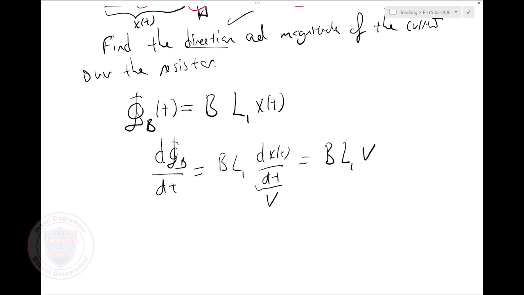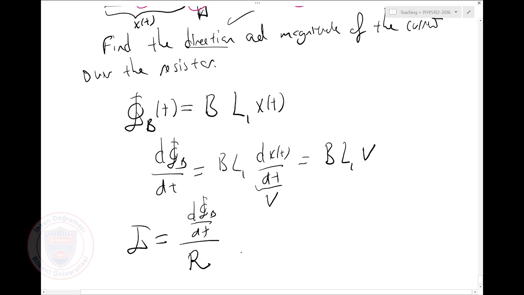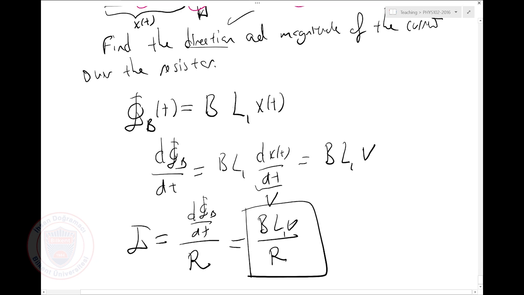And that acts like a battery tied to my loop. So what's the current in the loop? It will be d phi b dt divided by the resistor. So it's going to be B times L1 times v divided by R. That's the answer I'm looking for.